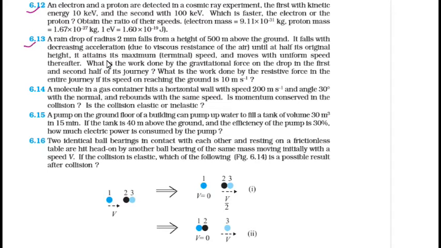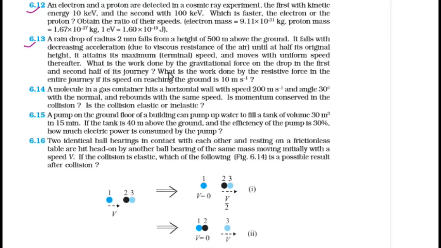A raindrop of radius 2 mm falls from a height of 500 meter above the ground. It falls with decreasing acceleration due to viscous resistance of the air until at half its original height it attains its maximum terminal speed and moves with uniform speed thereafter.